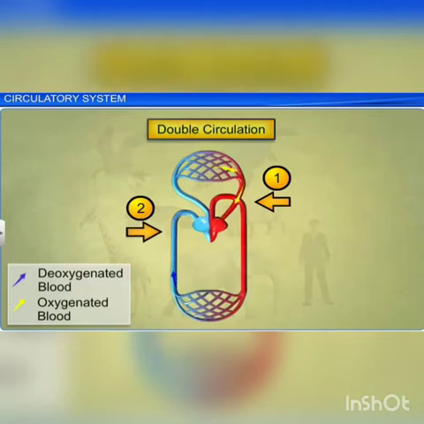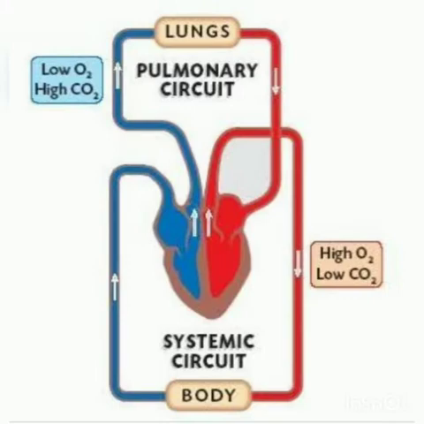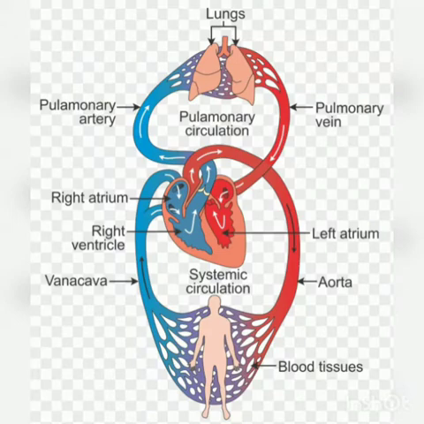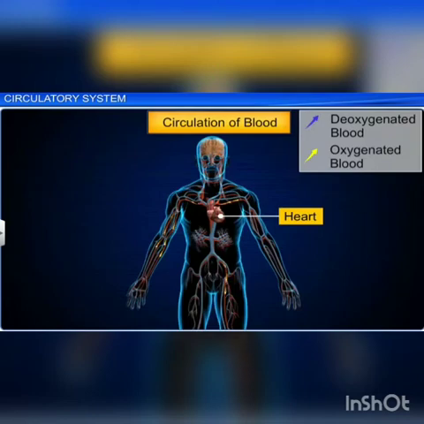This type of circulation is called complete double circulation. What is meant by complete double circulation? The auricles are separated by interauricular septum and ventricles are separated by interventricular septum, so that there is a complete separation of oxygenated blood and deoxygenated blood. Right?